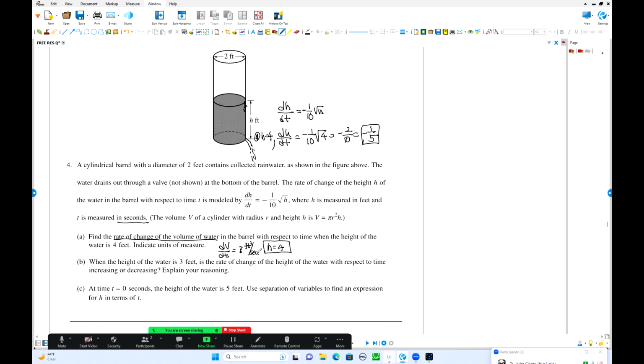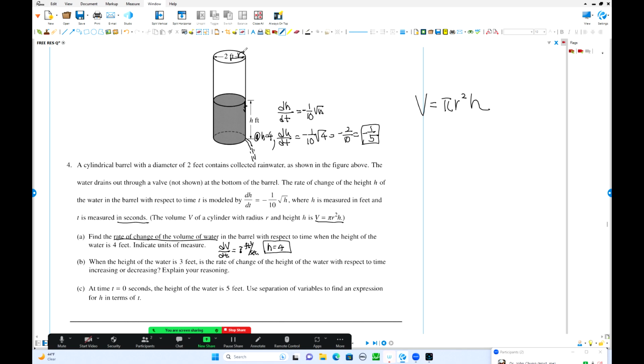Now let's find the relation between volume and h. I'm going to use the volume formula, pi r squared h, already given here. h is a variable and V is a variable, but r is not a variable; r doesn't change.